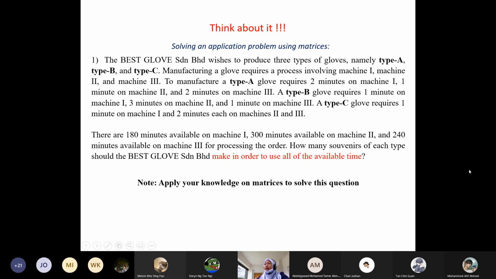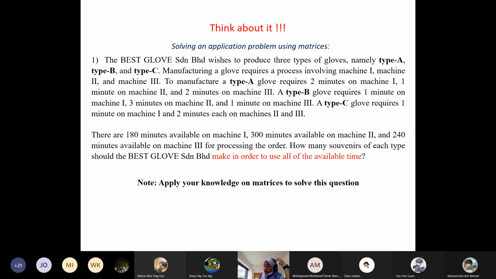If you are taking mechanical, mechatronic, computer engineering, and even electronic, you have the application of matrices.